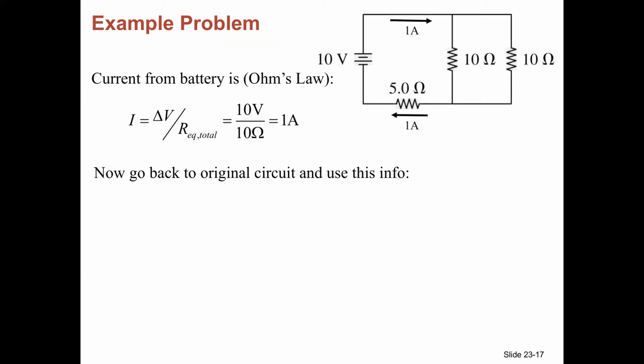So we can now use this information in the original circuit. We go back to that original circuit, and we know that there's now 1 amp of current coming from the battery. That must split between these two resistors and come back together here in the 5 ohm resistor.